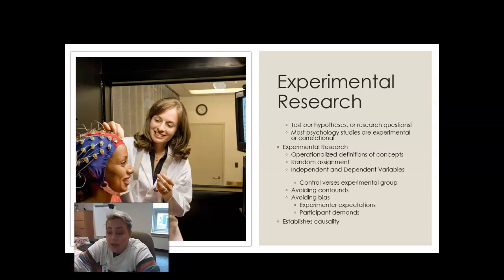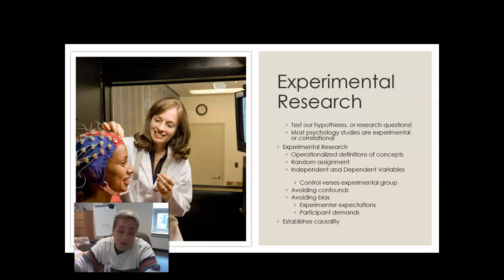You can do what's called masked designs. They were previously called, I think they're called blind designs in your book, but I think they changed the term to mask. So a single mask design is that the participants don't know what group they're in. That helps. And a double mask design is that the researchers don't know who's in what group.